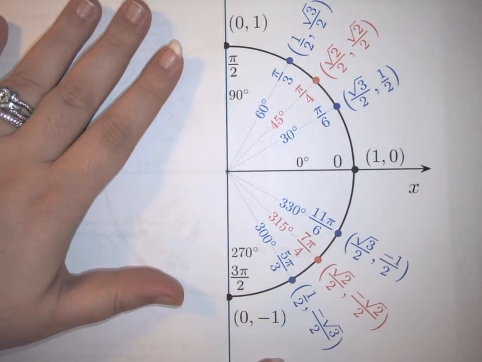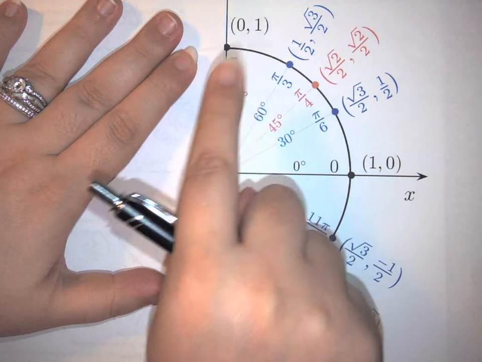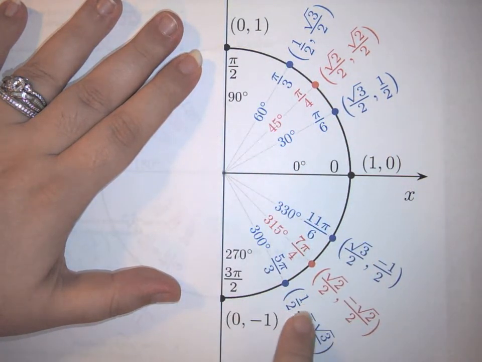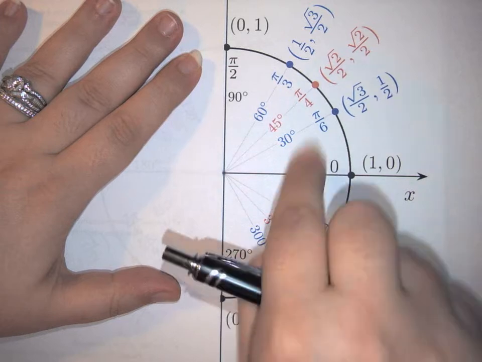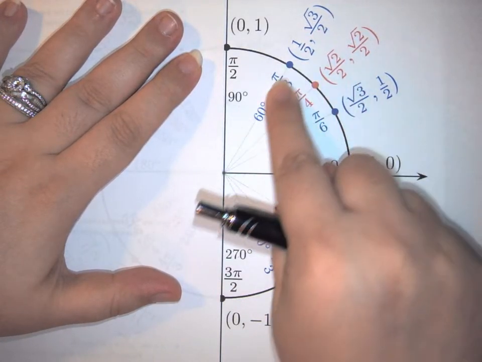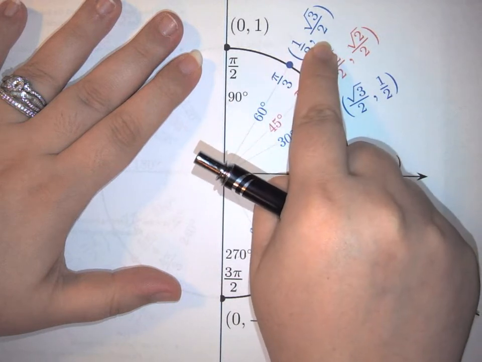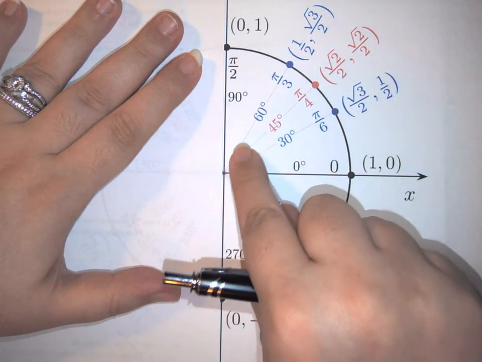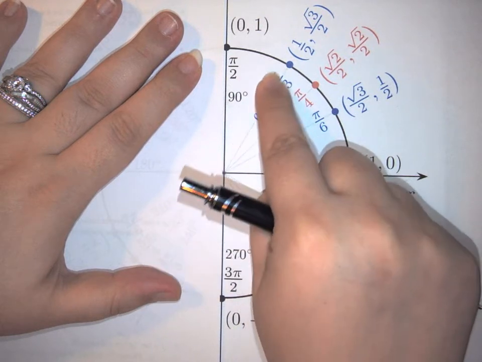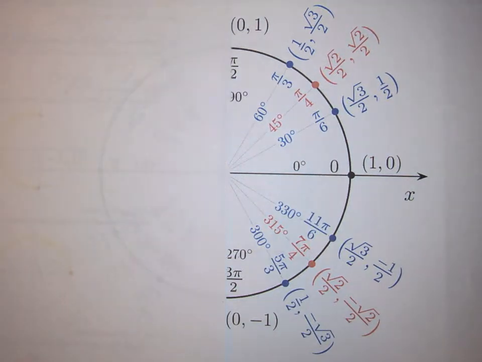We are just looking at this piece right here. And I am looking in my coordinate points here for which coordinate point has a y value that is the square root of 3 over 2. And so if you notice right here, at my 60-degree line, I have y value is positive square root of 3 over 2. Therefore, it would be the degree measure of this line that we care about, and that's 60 degrees, or pi over 3.